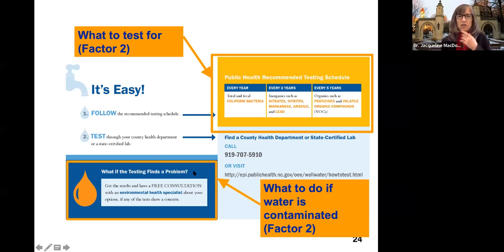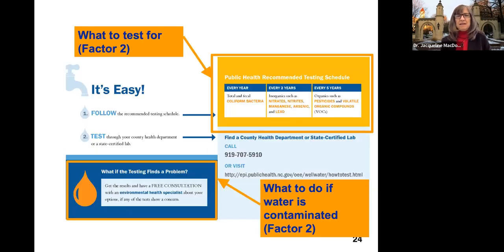Again, this is the knowledge and urgency factor. And I was fortunate enough that one of my students at the time was basically the private well specialist for the state health department, and was willing for us to provide his phone number. So we were able to provide a phone number.